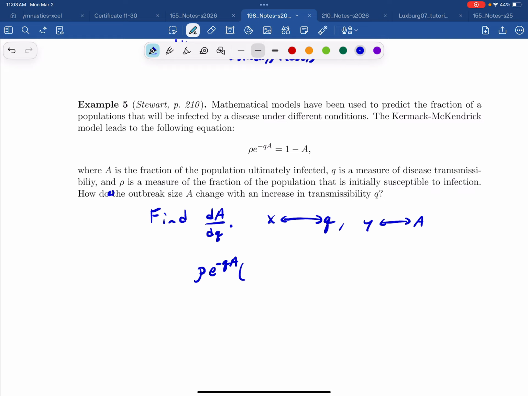So we have to do a product rule. We're going to get negative 1 times A minus Q times dA over dQ equals, the derivative of 1 is just 0, and then this is negative dA over dQ.